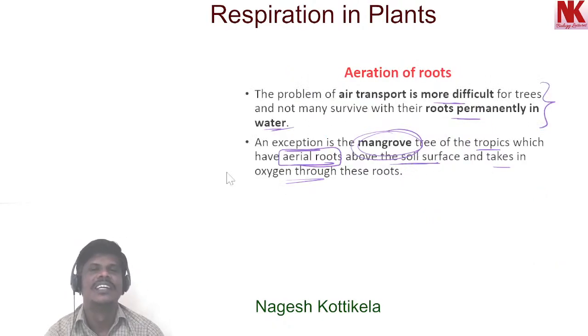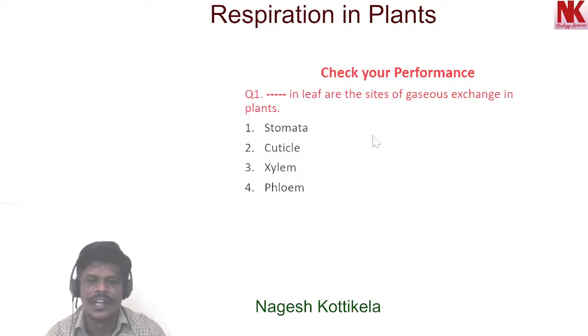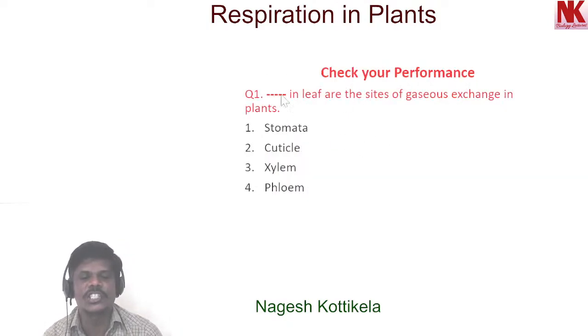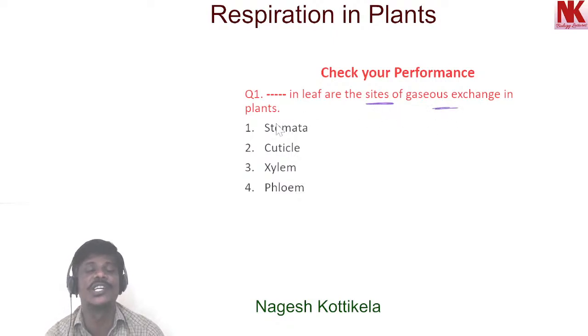Now this is all about today's topic. Let's discuss some important questions from this topic which are useful for your competitive exams. First question: dash in leaf are the sites of gaseous exchange in plants. Option 1 stomata, option 2 cuticle, option 3 xylem, option 4 phloem.